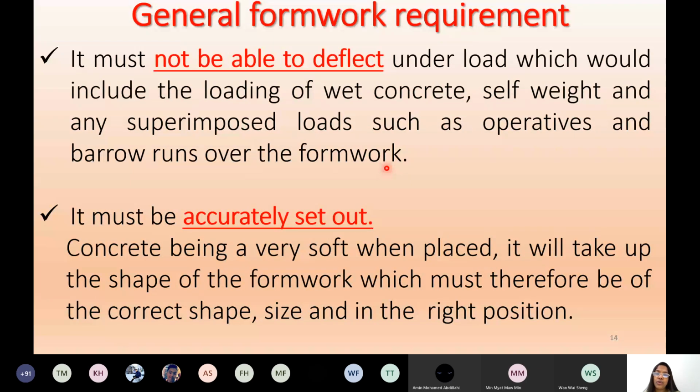This type of moving load, concentrated load, is also there. So your formwork should bear both types of moving and concentrated loads during its construction. In all conditions, the formwork, especially at height, a slab or a beam at height, should be taken care of for its deflection.